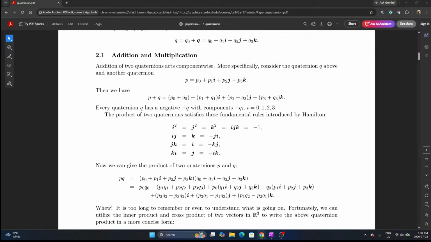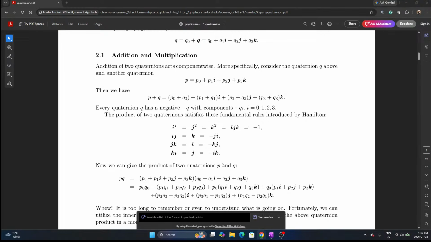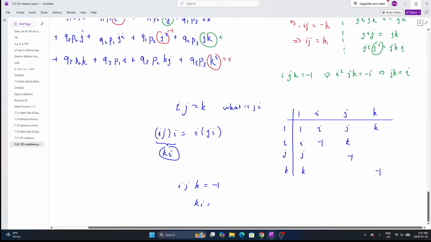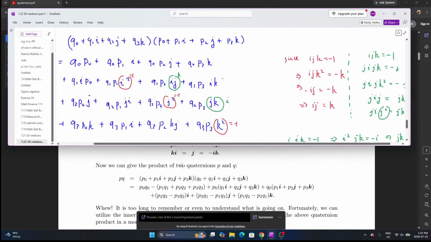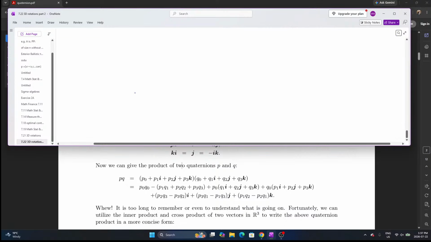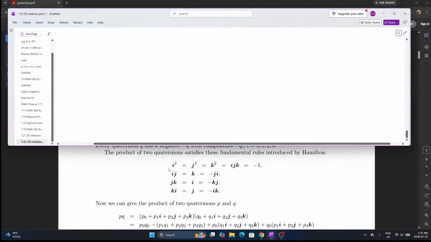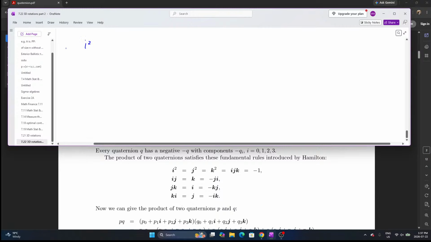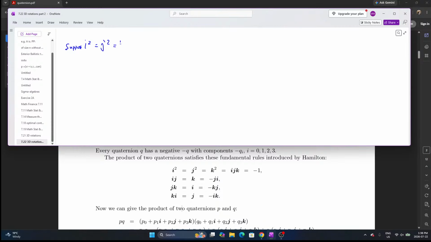Yeah, I completely agree, right? The first one should be fundamental and the rest should be able to be derived. So here, let me try that. Suppose i squared is j squared equals k squared equals ijk equals minus 1.